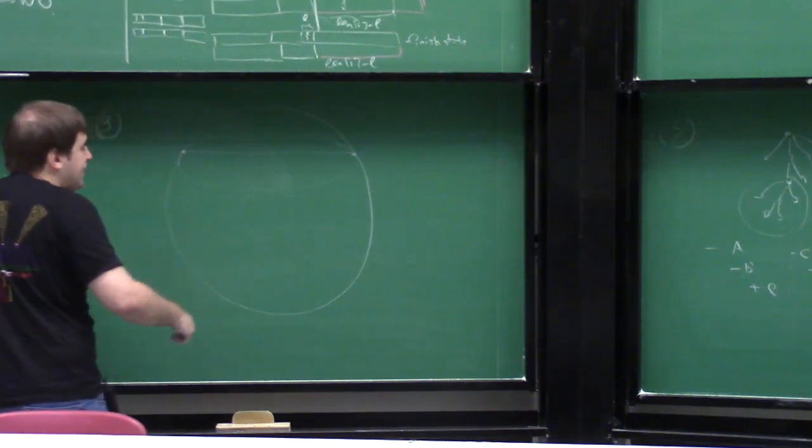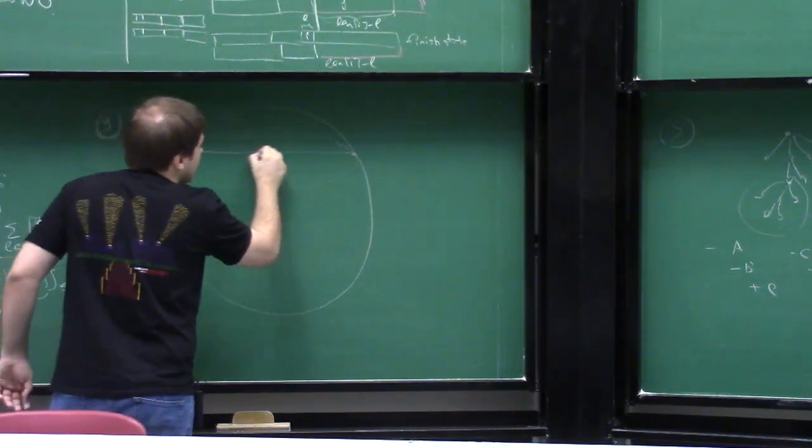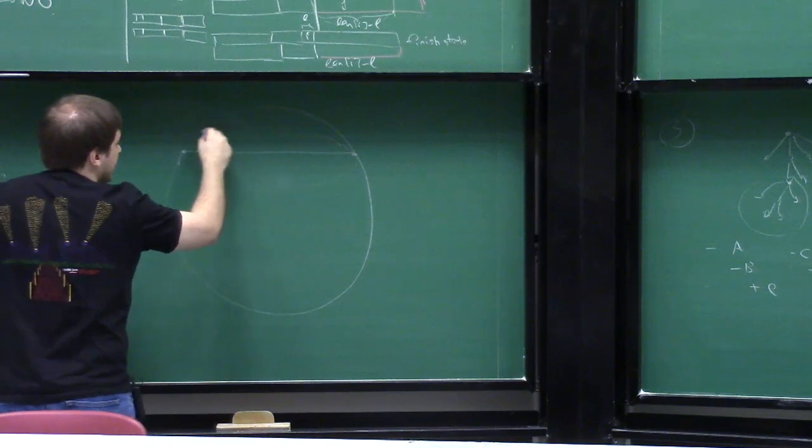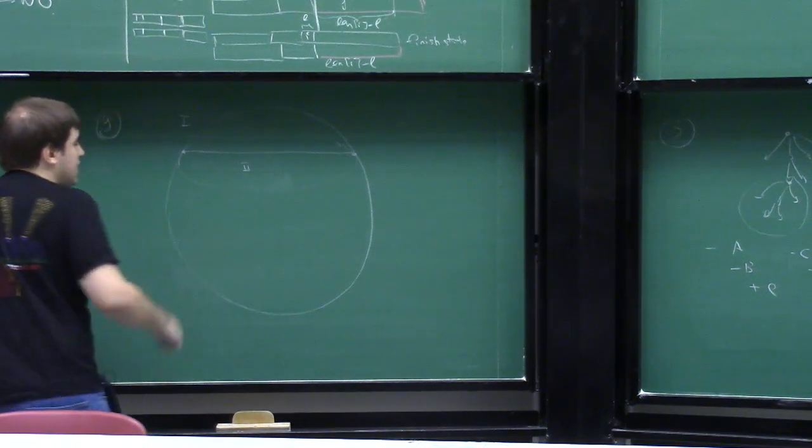So you have the area consisting of this part and this part and this part. Let's join these together and call this the first part, and these together and call this the second part.